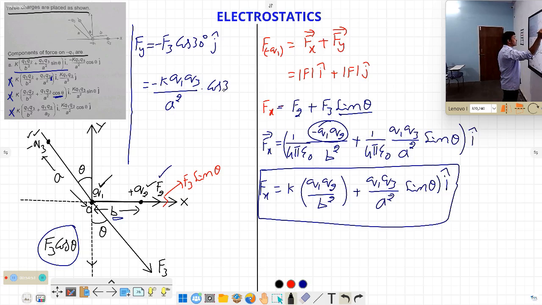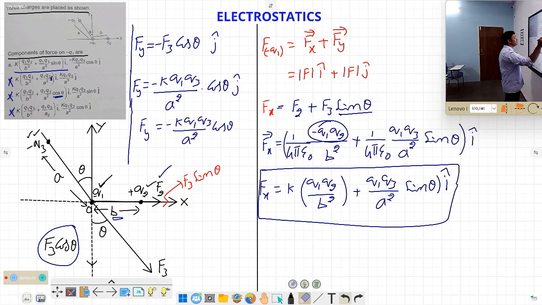Sorry, not 30 degrees: we did not give any theta values here, so it is cos theta, into j cap. So the force along the y-axis is minus k q1 q3 by a square cos theta into j cap.